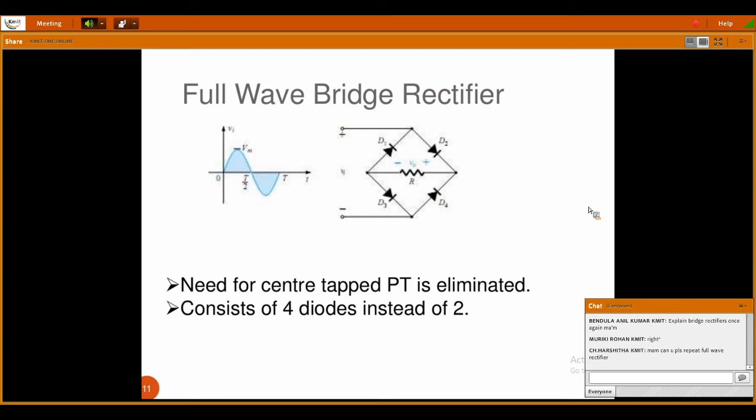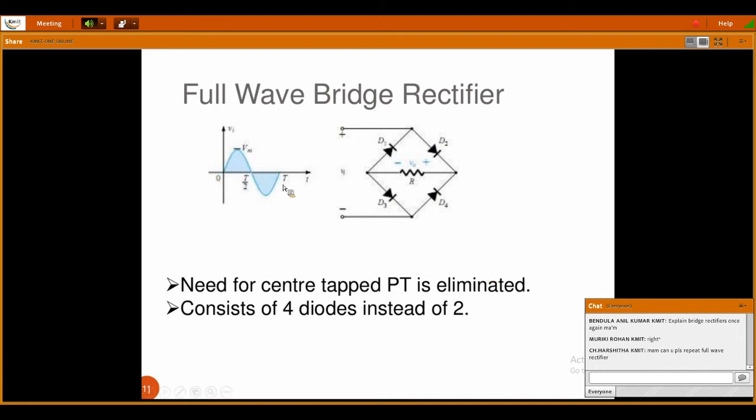By using 4 diodes. In the full wave rectifier, we are using 2 diodes along with the center tap, whereas in the full wave bridge rectifier, we are using 4 diodes and removing the concept of center tap. So these 4 diodes will help us get the same full wave output waveform with less cost. Okay, how, we will see now.